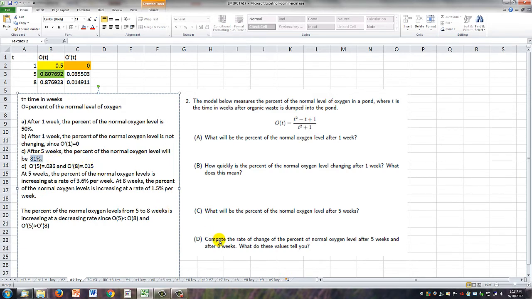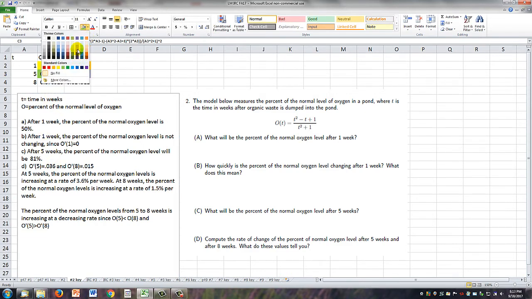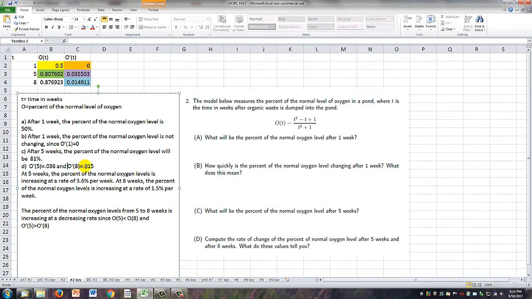All right, and then the last one, we want to compare these two rates. So the IRC at 5 is this one, and the IRC at 8 is this one. So I have O prime of 5 is 0.036, and O prime of 8 is 0.015. Okay, and so the IRC interpretation, you would say at 5 weeks, that's the instantaneous part.